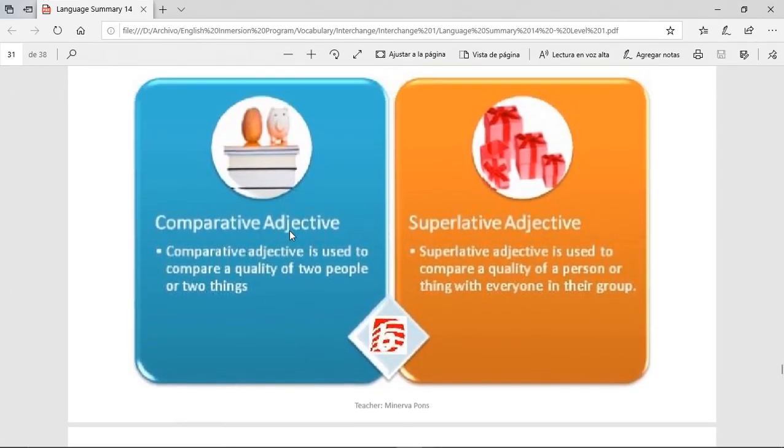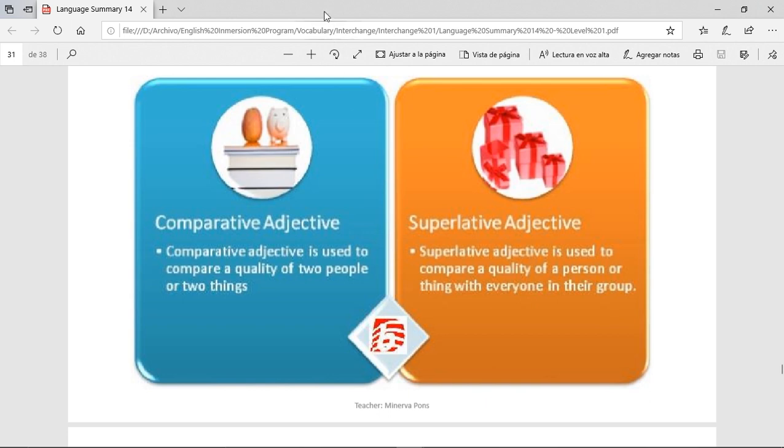Okay, the comparative adjective is used to compare a quality of 2 people or 2 things. It's like seeing a specific thing about a person or a thing, and then you compare this with the other. And the superlative adjective is used to compare a quality of a person or thing with everyone in their group.